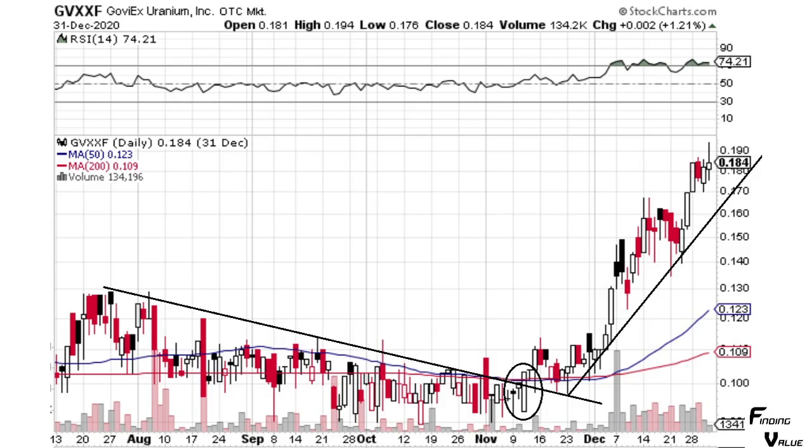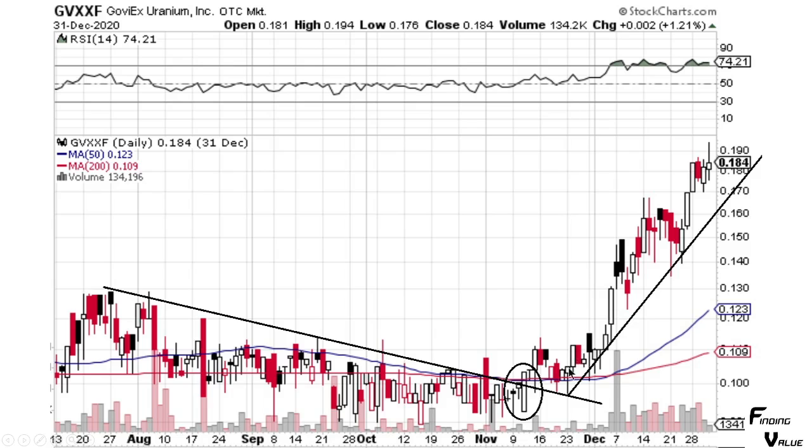So at some point you're going to run into some sellers. And I don't know what price that is, but we should be able to see it in the charts through the contraction of the candlesticks and the way the candlesticks are formed and the relationship of those candlesticks to each other. So that's what we're looking for, all of those relationships.